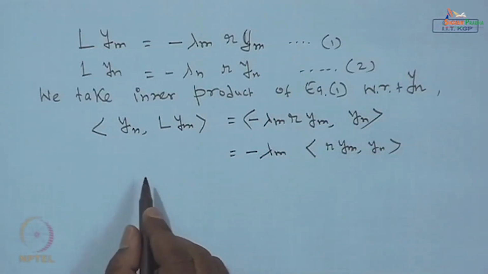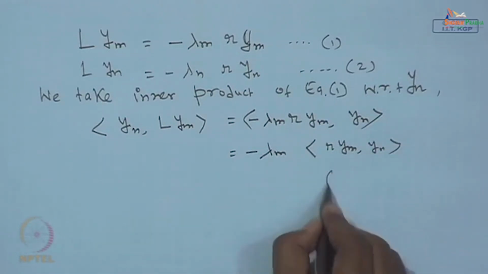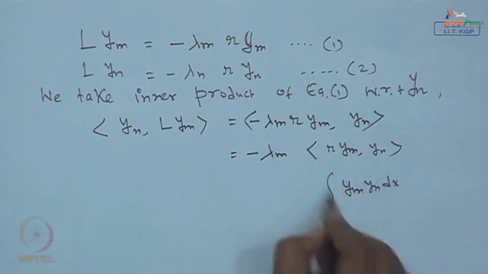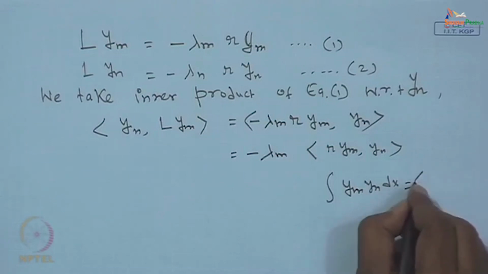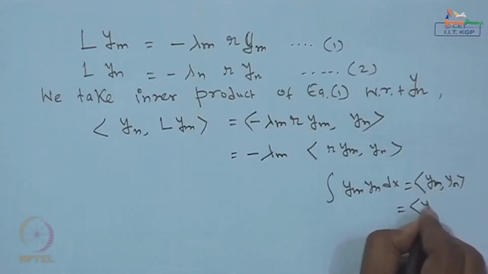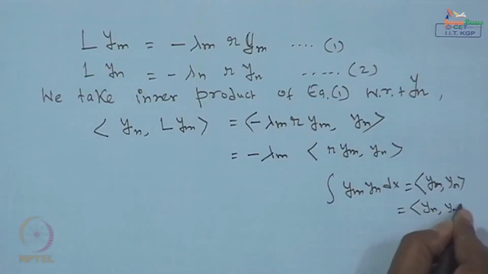Lambda m being a constant, it comes out of the inner product sign. If you remember, in the case of continuous functions, the integral of y m y n dx is nothing but the inner product of y m and y n, and this is identical to the inner product of y n and y m.